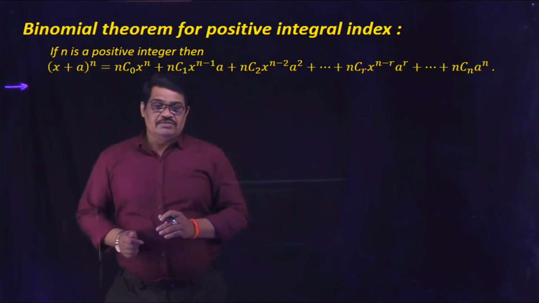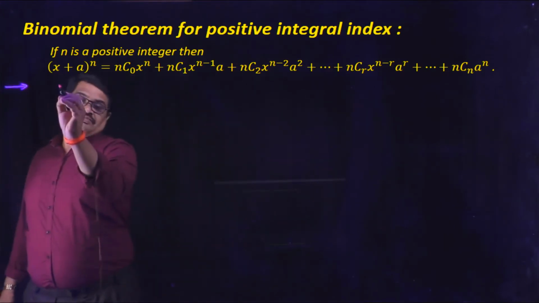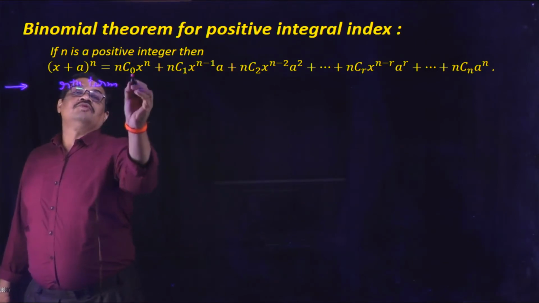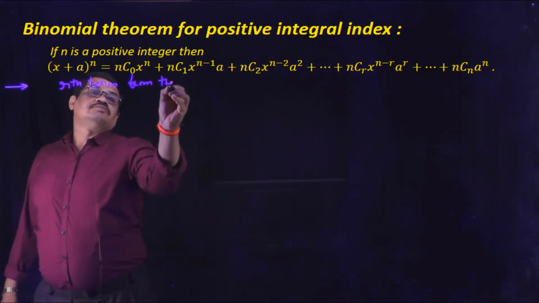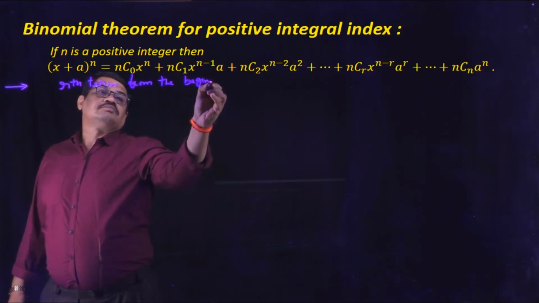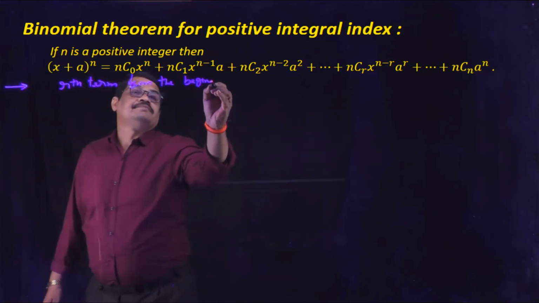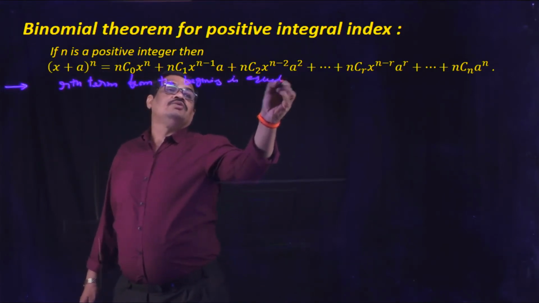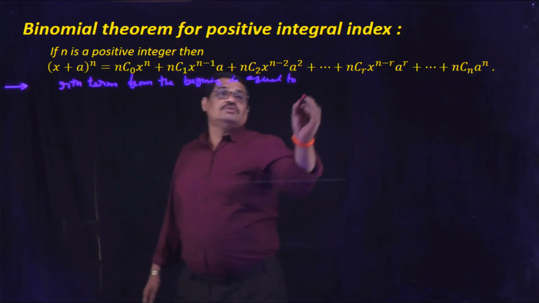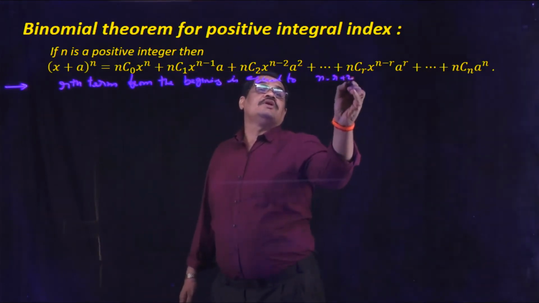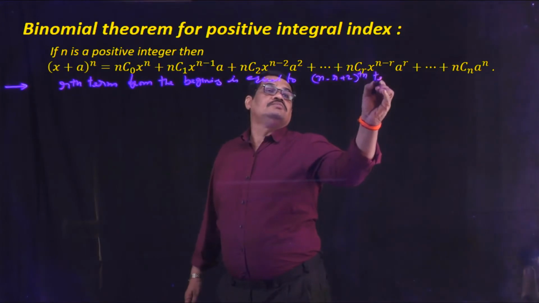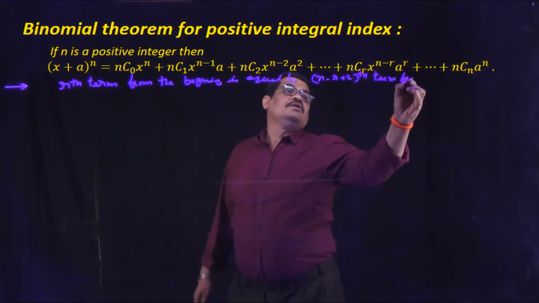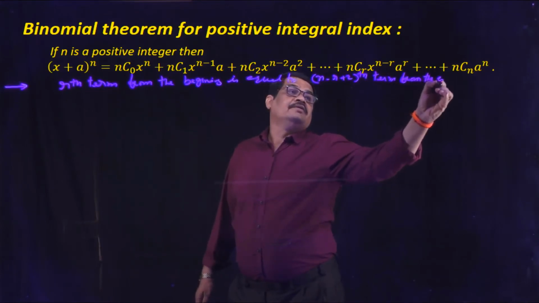Now we are observing the rth term from the beginning is equal to the n minus r plus 1th term from the end.